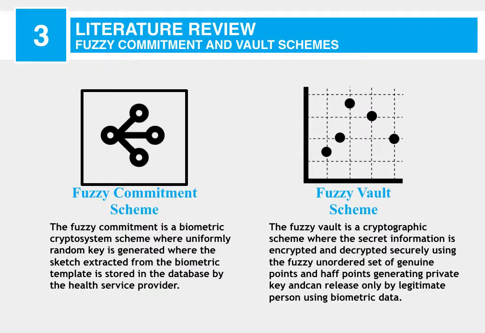In the research, I have used two algorithms, fuzzy commitment and fuzzy vault schemes. Generally, the main difference between those techniques is in the encryption and decryption process of the secret information.